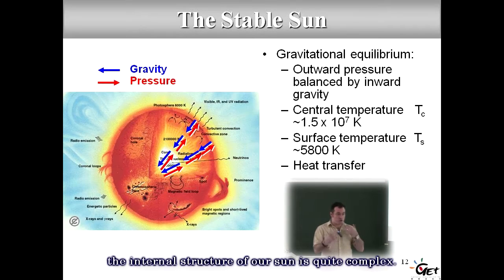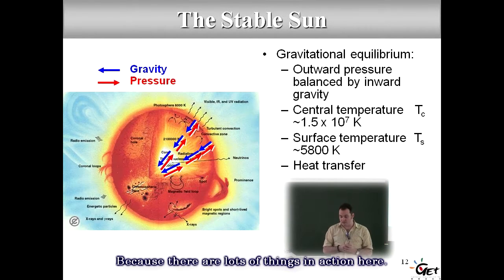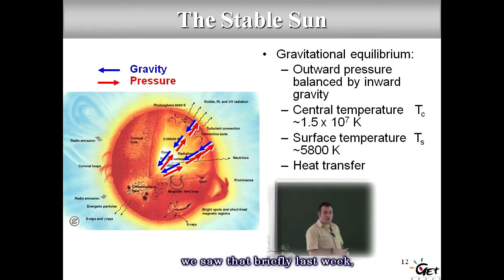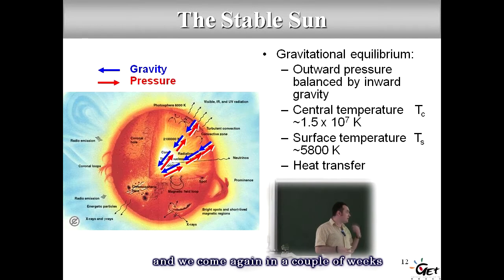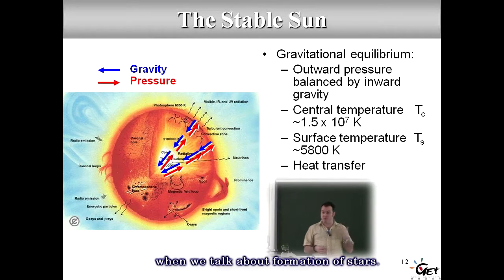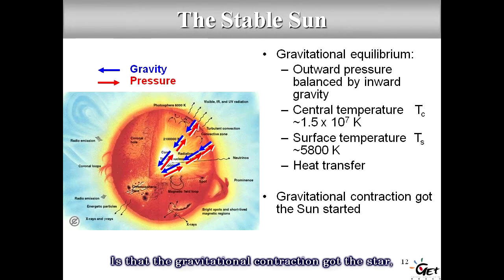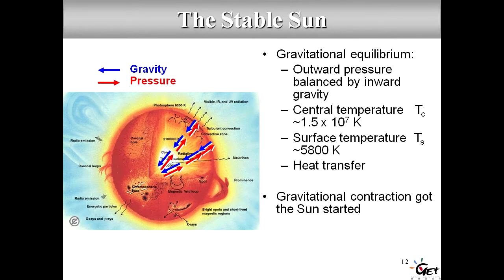So actually, the internal structure of the sun is quite complex because there are a lot of things in action here. What we think, and we saw that briefly last week and will come back to it in a couple of weeks when we talk about the formation of stars, is that gravitational contraction got the sun started, lighting its fusion.